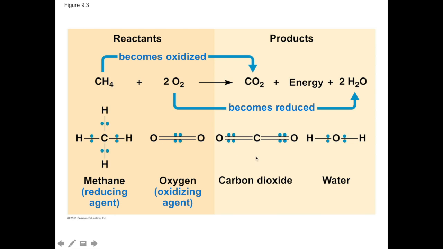But now oxygen is pulling electrons away from carbon. Oxygen is pulling electrons away from hydrogen. So even though we don't have full charges that are forming, we do get these partial charges, and the electron density, or how much time the electrons are spending around one atom versus the other, has changed. And this is what we're going to see when we talk about cellular respiration.